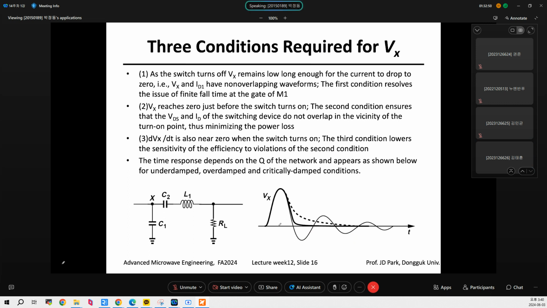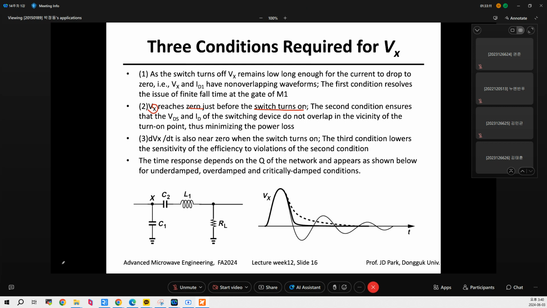So you need to have some resonance mechanism, right? Otherwise, you can never get this condition. How come Vx becomes 0 without switching turns on? It's because class E uses the resonance mechanism.